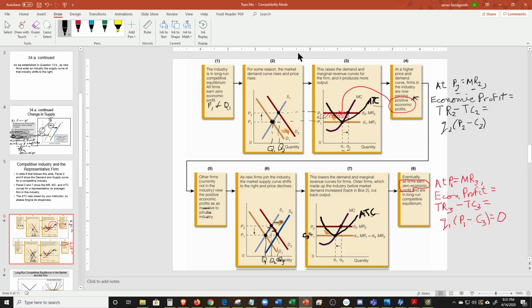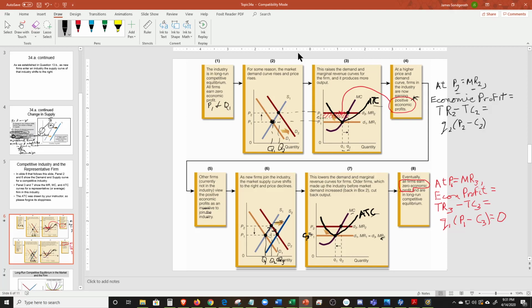So basically, by the other firms coming in, they push the price back down. And so basically, the price goes back to where it was, P1. And actually, this would be like the third price. But we'll just use P1 because of the increase in supply. So the firm, again, adjusting marginal revenue to marginal cost, which is here, is back at producing Q1.